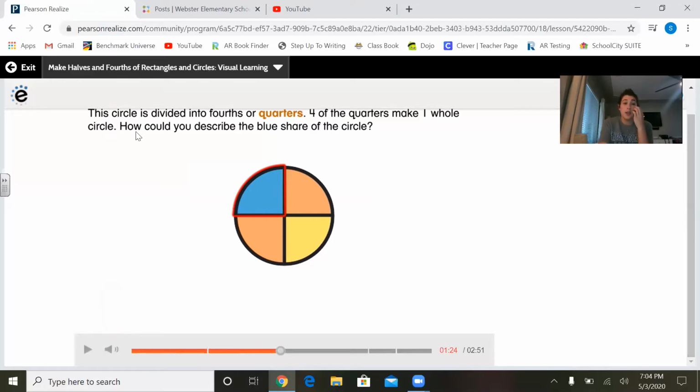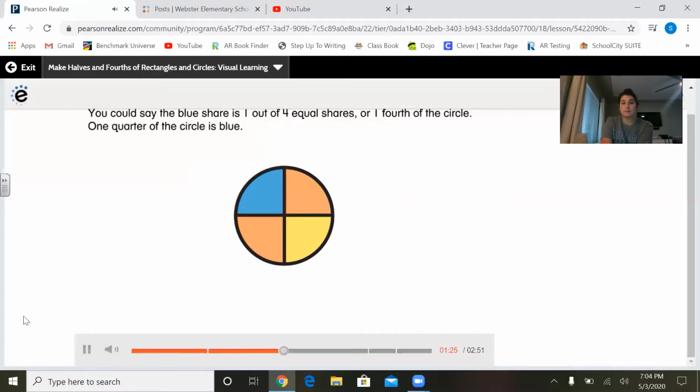So this one says, how could you describe the blue share of the circle? Here's 1 blue, and that's it. There are no other blues, but there's 1, 2, 3, 4. There are 4 shares and only 1 of them is blue. So the blue is 1/4.